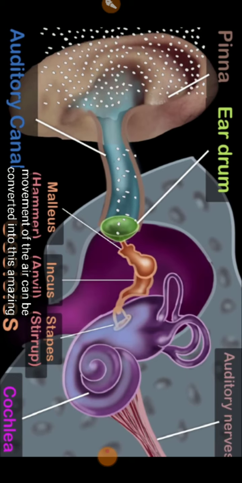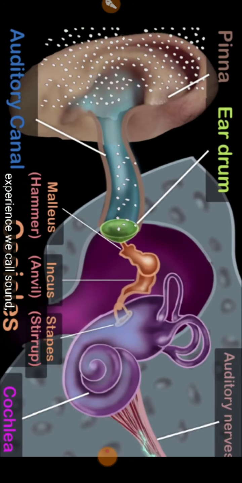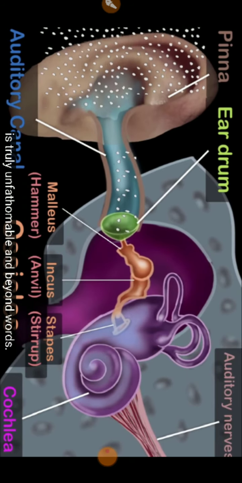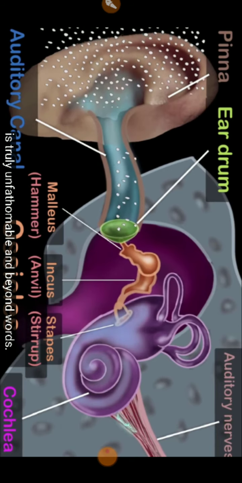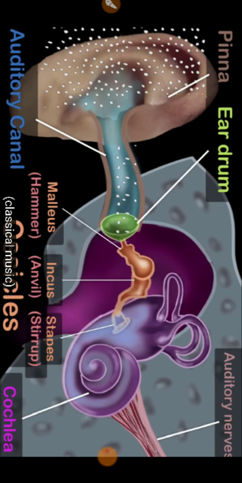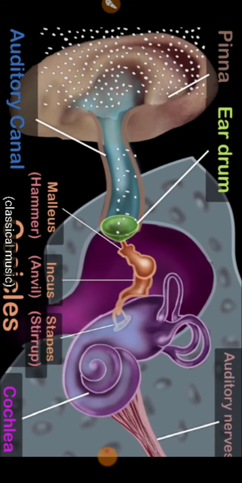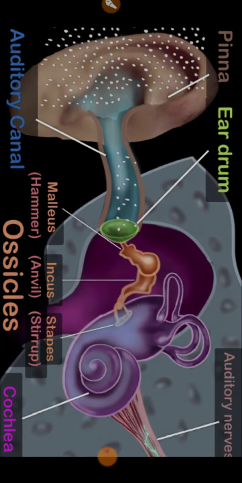Right now also it's going on in your ear while I am speaking and you are listening to me. It is a very complex process. I hope now it must be clear to you guys.